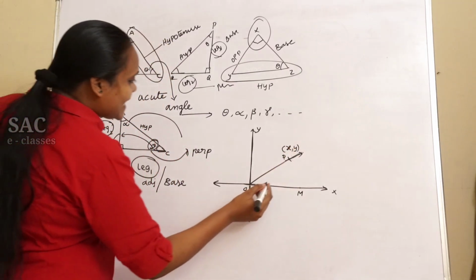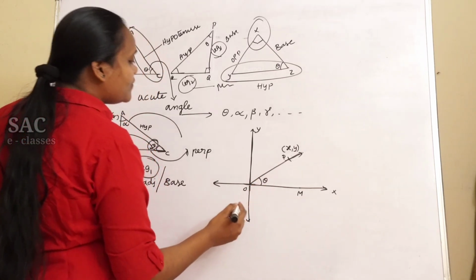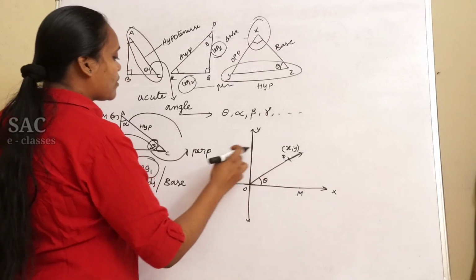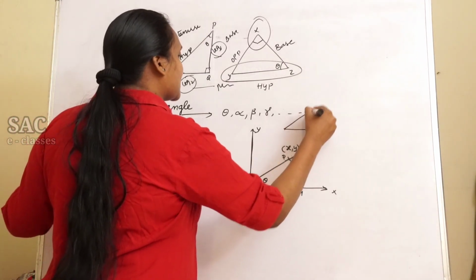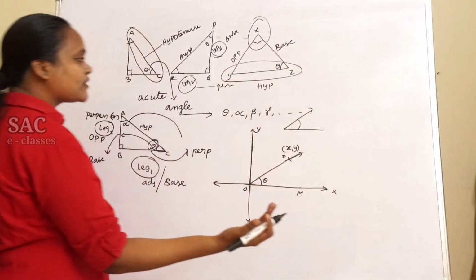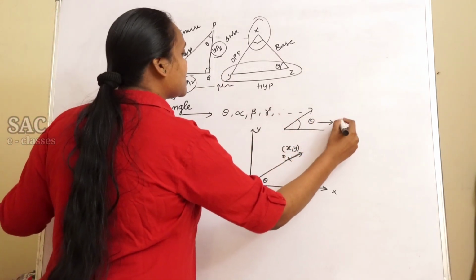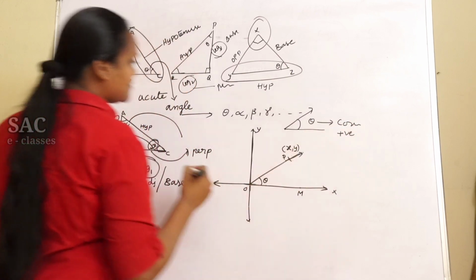Then the angle made by POM is theta, which we have taken in an anti-clockwise direction. Usually if the angle is like this, we measure it in the anti-clockwise, nothing but counter-clockwise direction. We call those measured in the counter-clockwise direction positive angles.